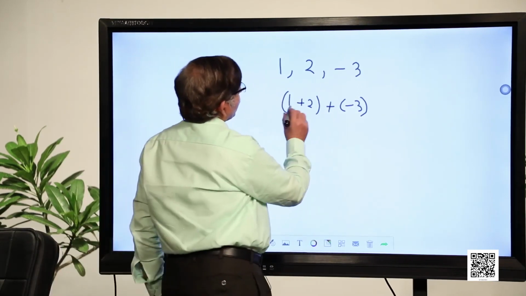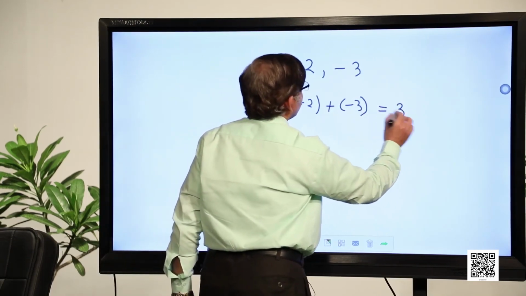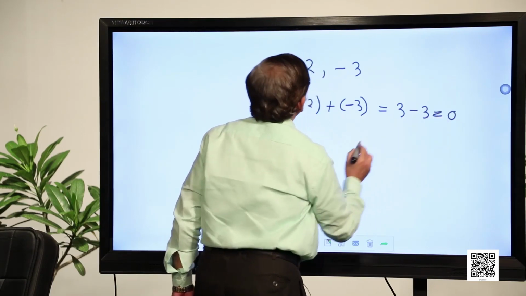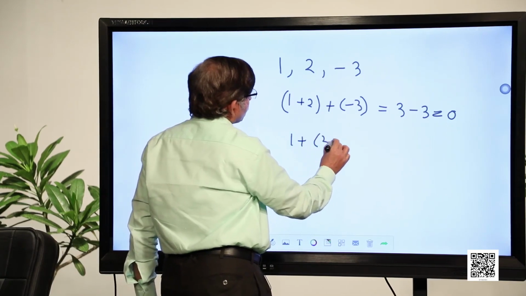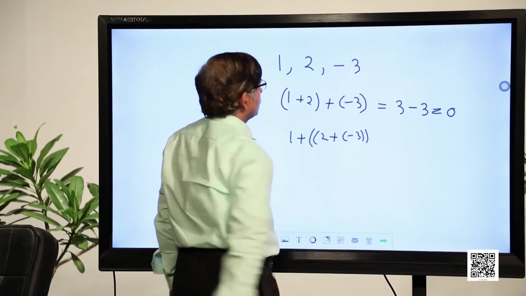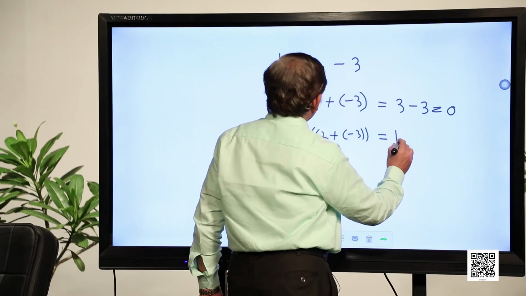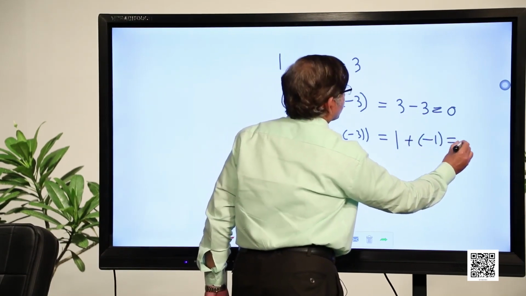Here if we add, 1 plus 2 is 3 and this is again minus 3, equal to 0. Now, 1 plus, in brackets, 2 plus minus 3: here we have 1 plus minus 1, which is equal to 0.